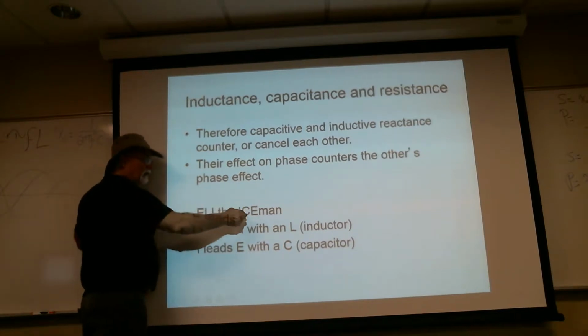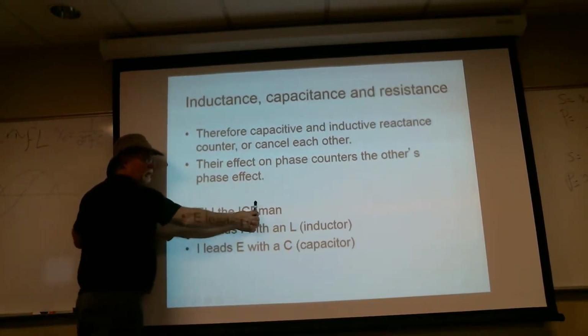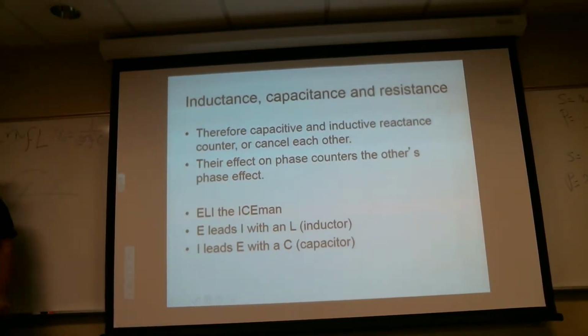In a capacitor, current leads voltage. Okay, we good with that? Both of these go away if I just have pure DC. But as soon as I start having pulse DC or all the way out to AC, this starts becoming a problem.